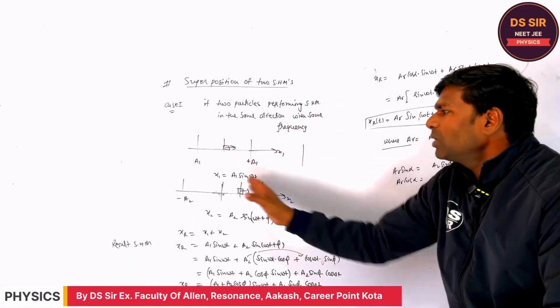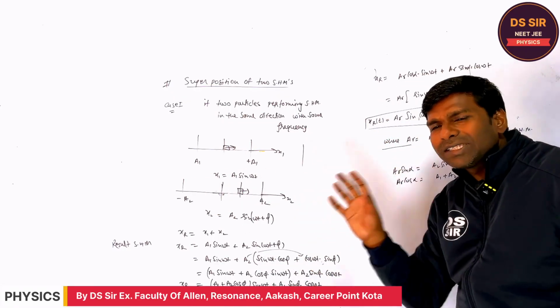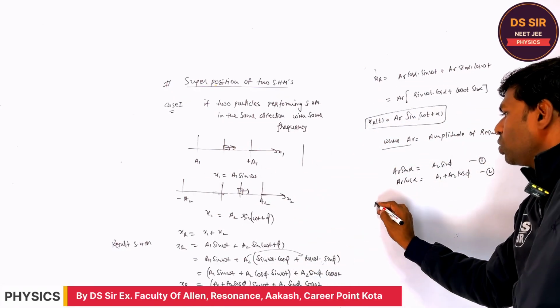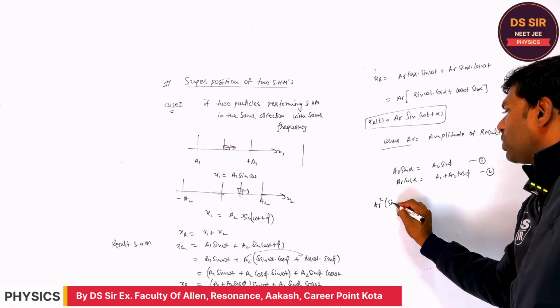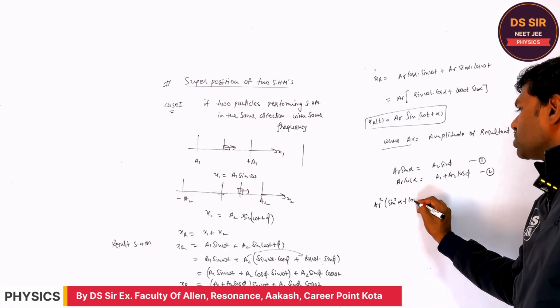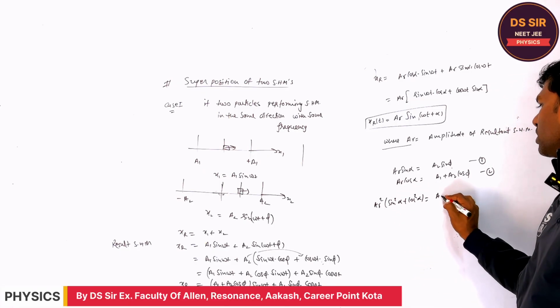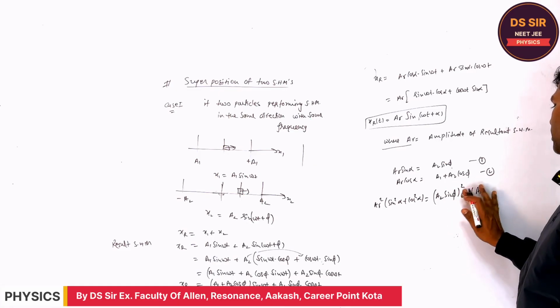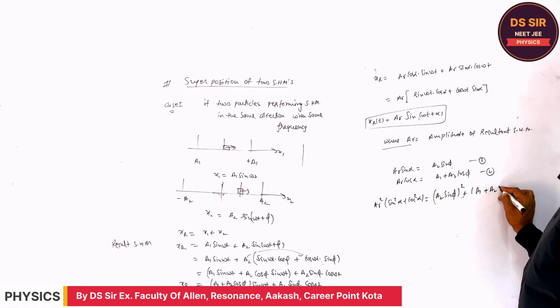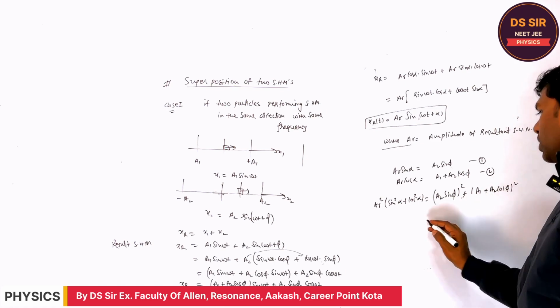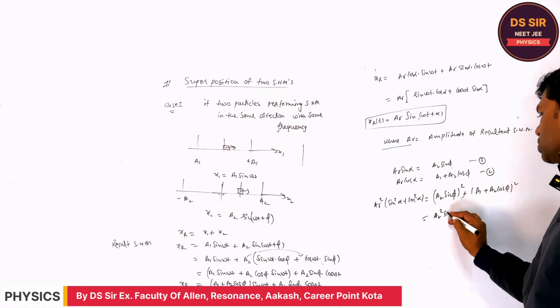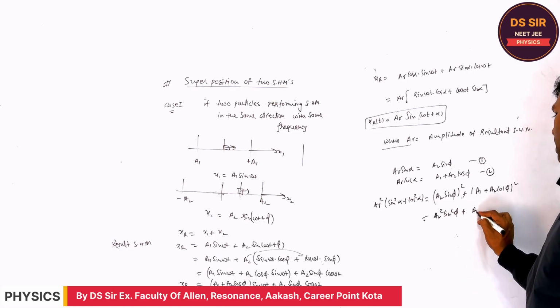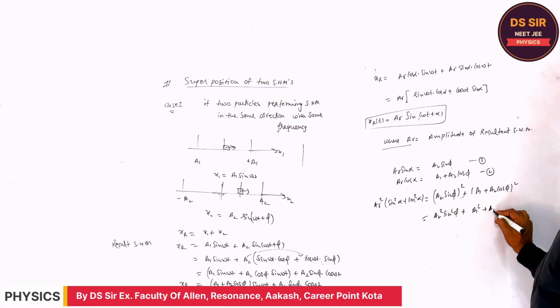So squaring and adding, AR square times sin square alpha plus cos square alpha equals a2 sin phi whole square plus a1 plus a2 cos phi whole square, using a plus b whole square.